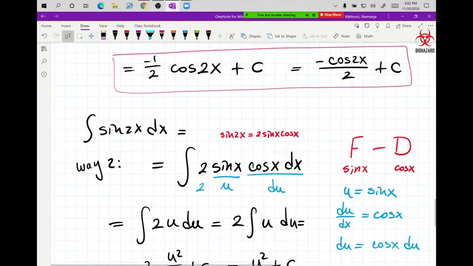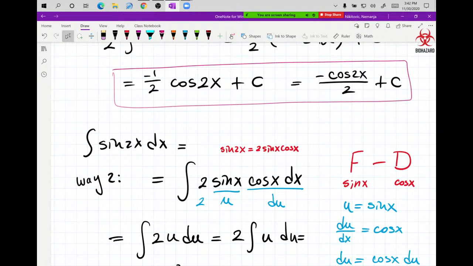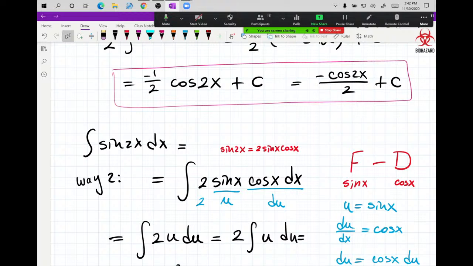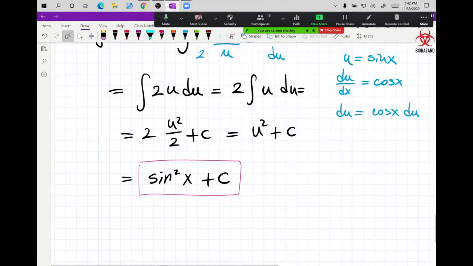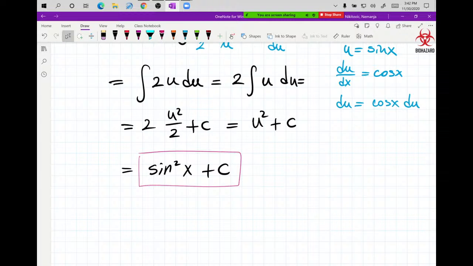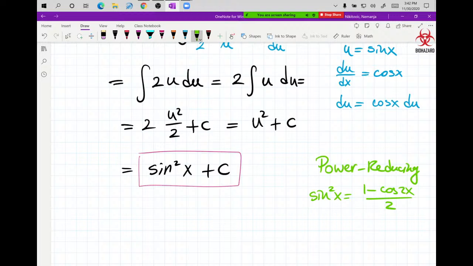Now you might say, well, hold on, that answer doesn't look anything like the answer I have above. Well, it's very close to it. It's a very basic formula that's going to be one of the basic formulas in Calc 2 because of all the trig sections you will have. If you remember the power reducing identity, it says that sine squared x is 1 minus cosine 2x over 2.